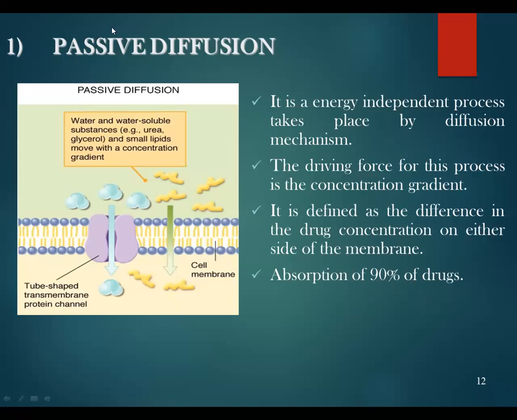Now, when you say the word passive, we know that passive is an energy independent process. Energy is not involved. The first important feature of the passive process is that it is energy independent, and the molecules move across the membrane by a process called diffusion.